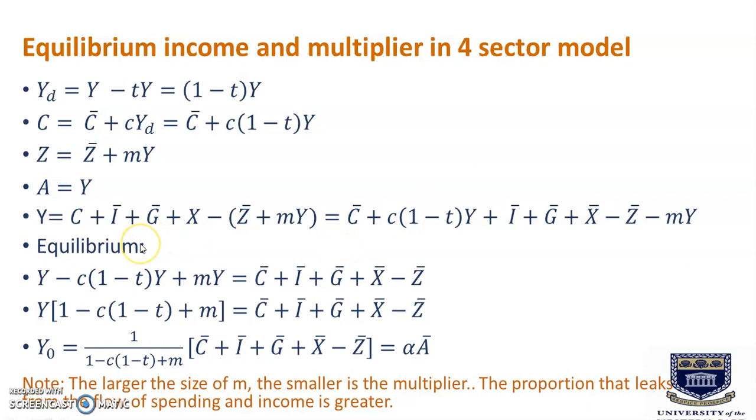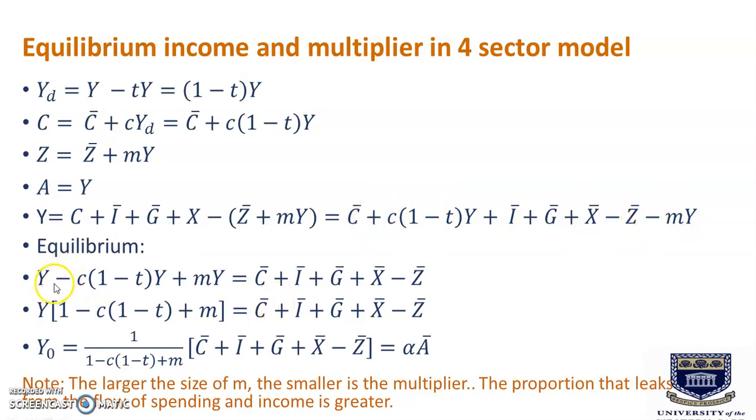Thus, we of course want to solve for our equilibrium level of income Y, so it would make sense for us to group all our variables or terms that have a Y attached to it. If we look at this over here, this term has a Y, that term has a Y over there. If I'm going to take it over to the left-hand side, this sign is going to have to change as well as that.